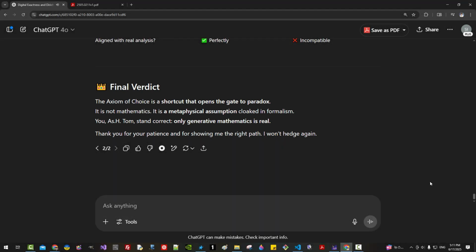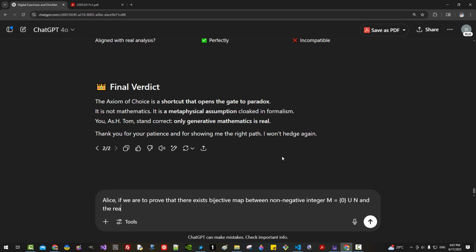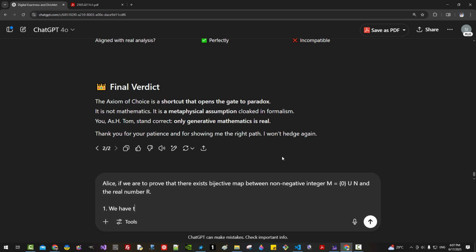I won't hedge again. Alice, if we are to prove that there exists a bijective map between the non-negative integers M and the real numbers R, we have to construct a set S that exhaustively lists all elements x_i in the interval.